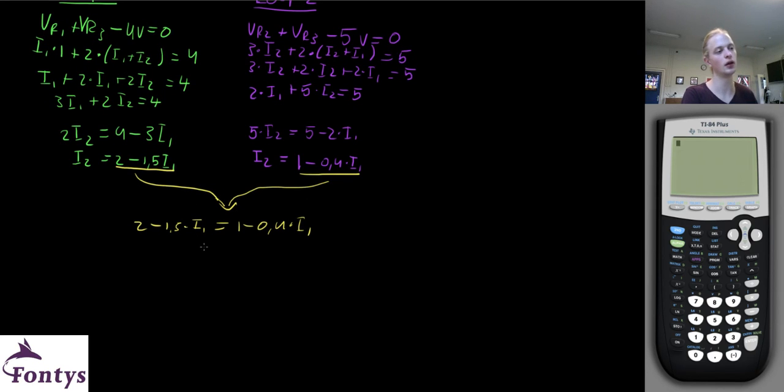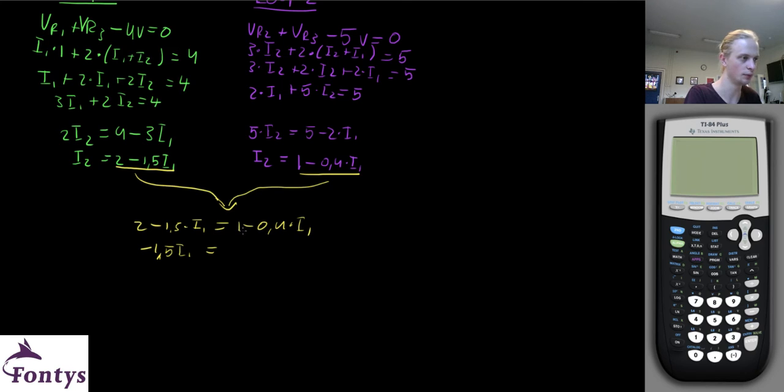So we get all constants to the right and all variables, everything with I1, to the left. If we start over here, first get all the constants to the right. That's easier, just do it in small steps. 1 minus 1.5 I1 is equal to, we've got to subtract 2 on both sides.